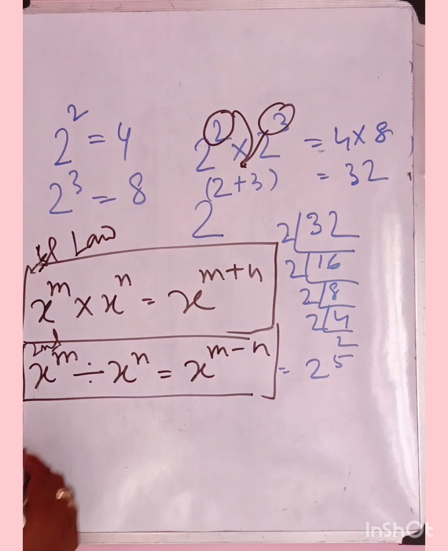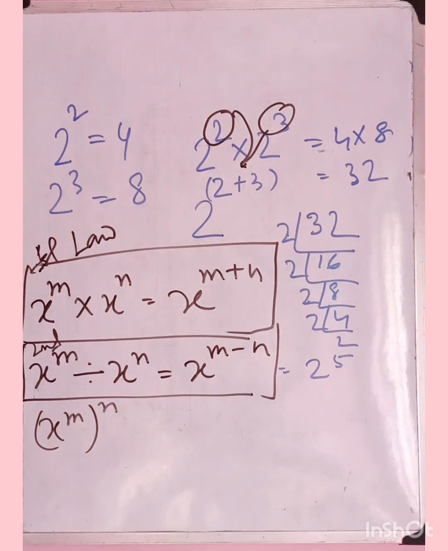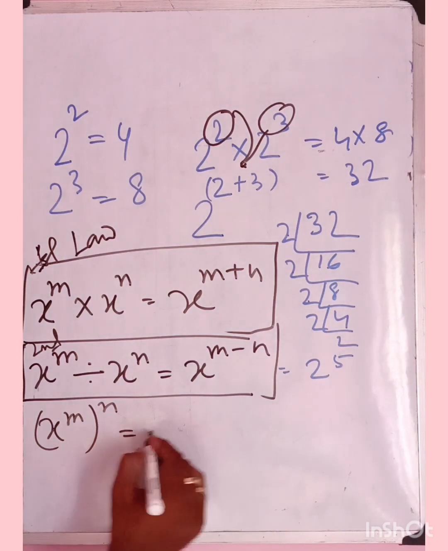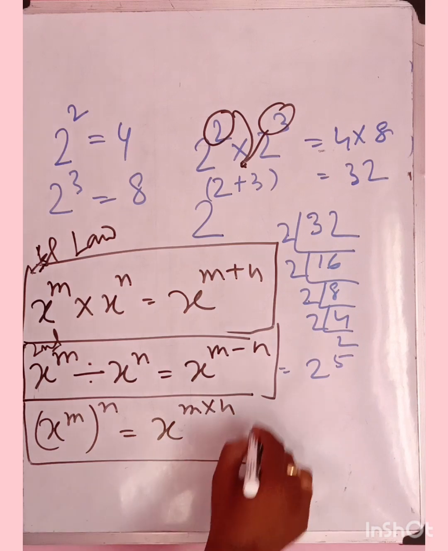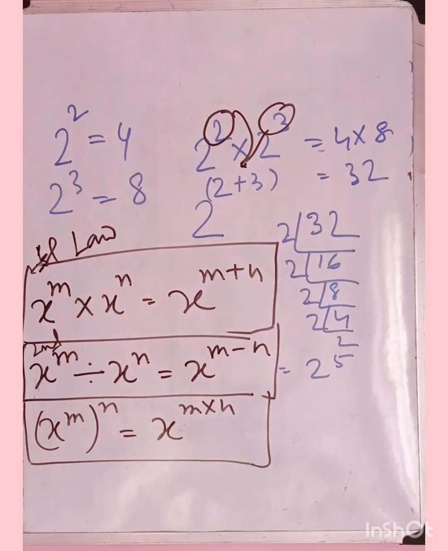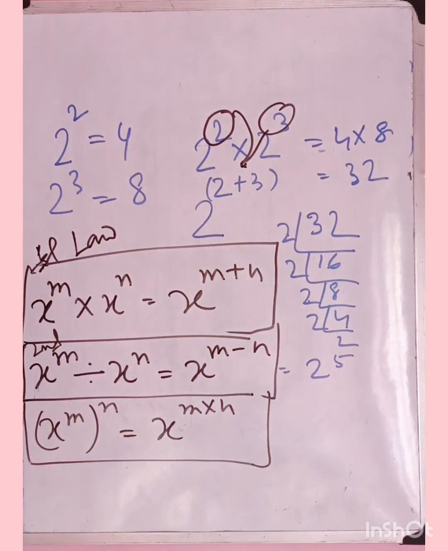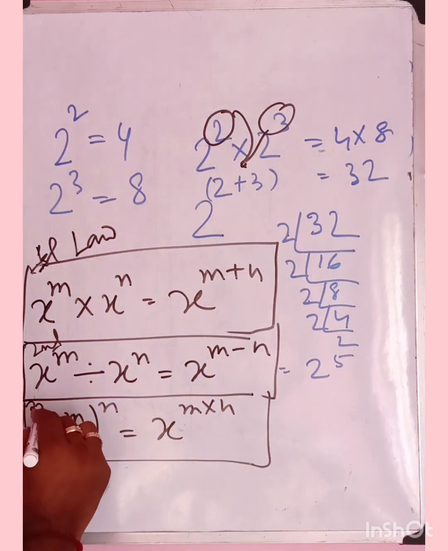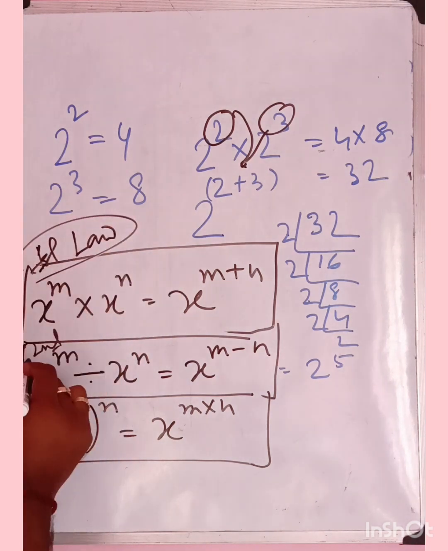Third law is x to the power m whole to the power n is x to the power m into n. These three laws are very important and you have to remember these three laws very carefully.